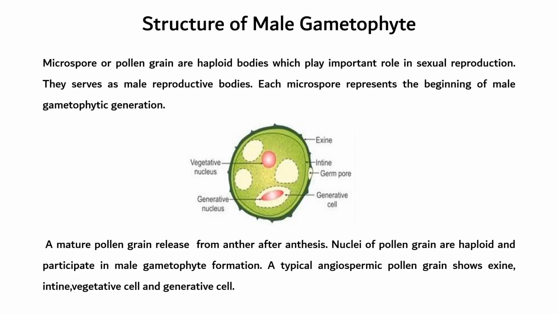The generative cell cytoplasm is highly reduced, but it contains the usual cell organelles. After germination of the pollen grain, the nucleus of the generative cell enters the pollen tube along with the vegetative cell. Now these are the parts of the typical male cell, that is the pollen grain: exine, intine, vegetative cell and generative cell.